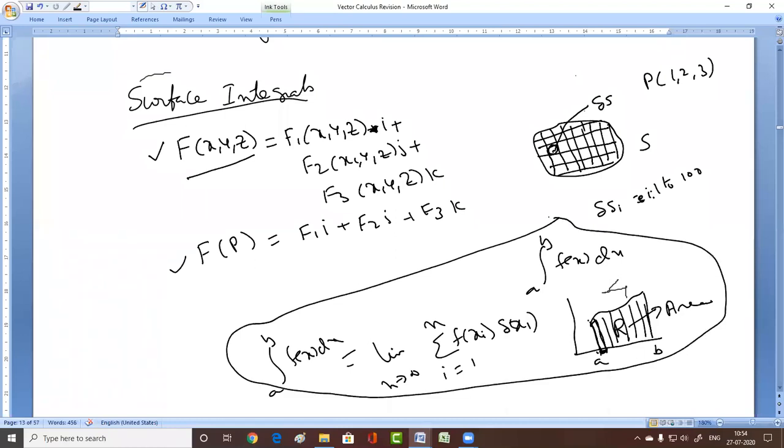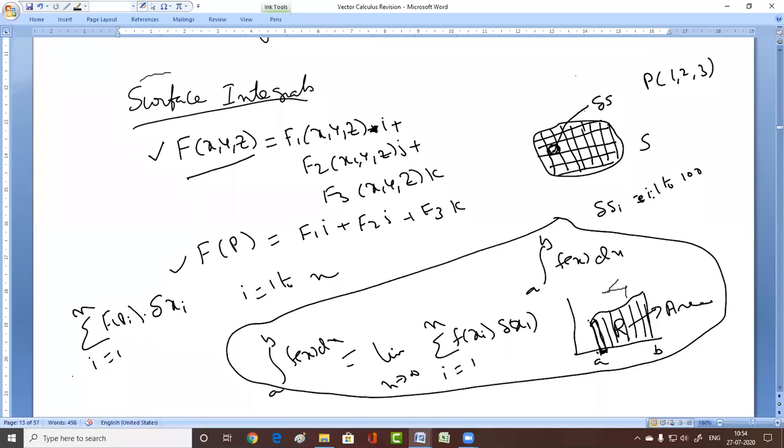In the similar way, the slice is this one. So we have an infinite number of surfaces. i varies from 1 to n, just for example, n slices. Now if you take a point in this surface, the corresponding function value is f of pi. Now multiply these two, then add all the values. Now this is the total summation.